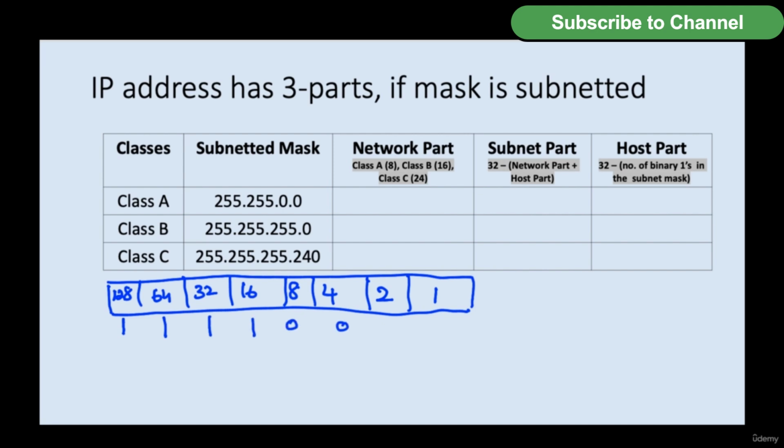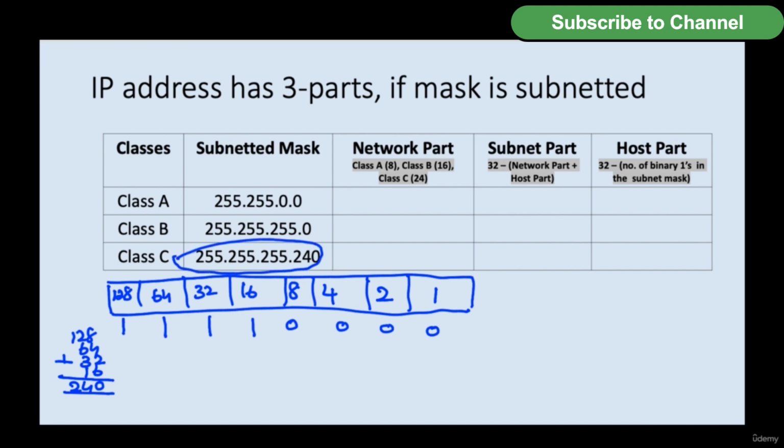The remaining bits should be 0. To verify it, I'll add all of them: 128 and 64 and 32 and 16, all together they are 240. So the binary conversion of 240 is 11110000.